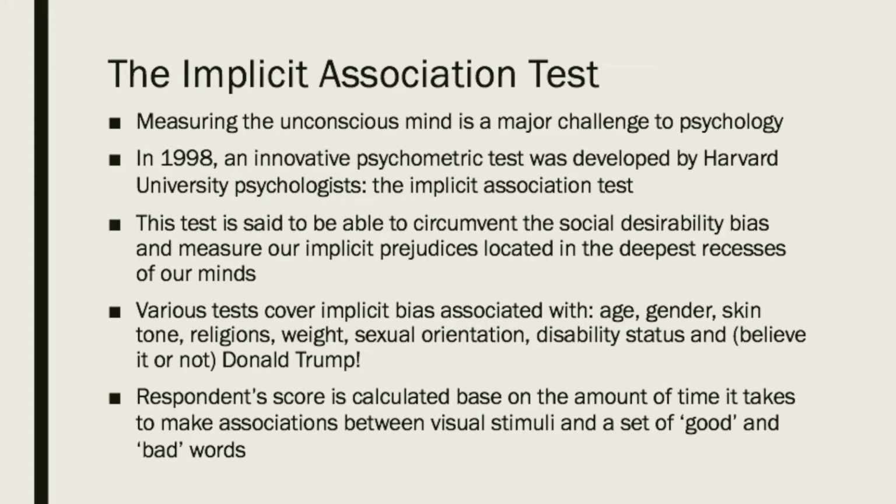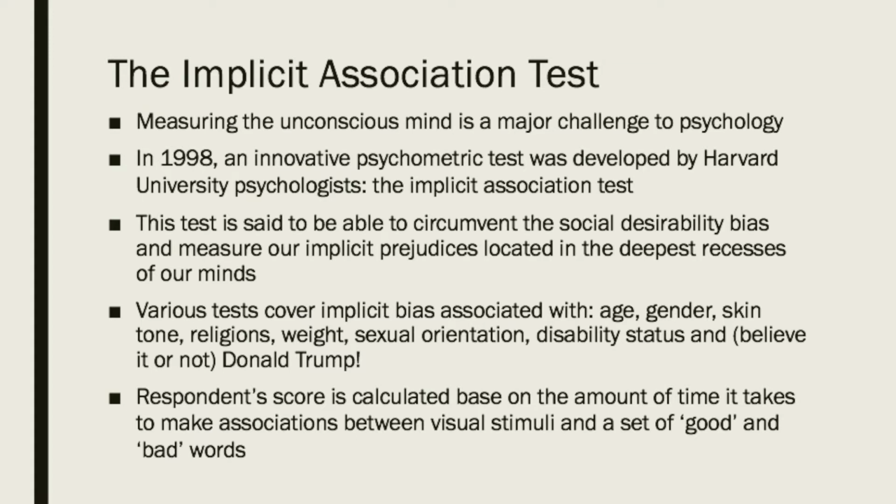In fact, it is more than just one test. There are several implicit association tests that are said to measure different forms of implicit bias. One claims to indicate whether a subject is implicitly ageist, for example, and has a preference for young people over older people. Another claims to indicate whether the subject is implicitly biased in favor of one gender over the other.